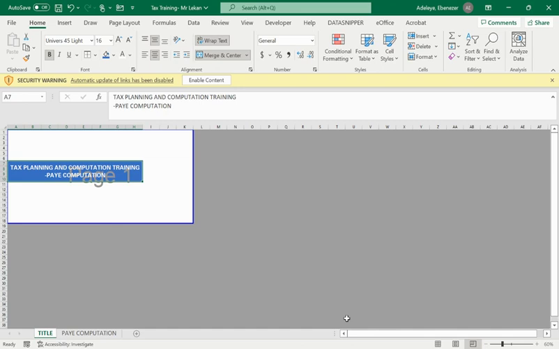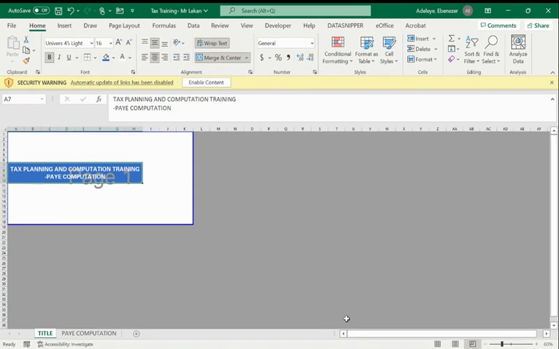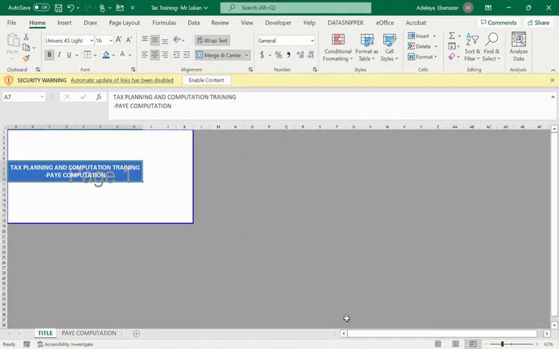So I will run through that so that it can form a good foundation for the self-assessment that we're going to be computing.